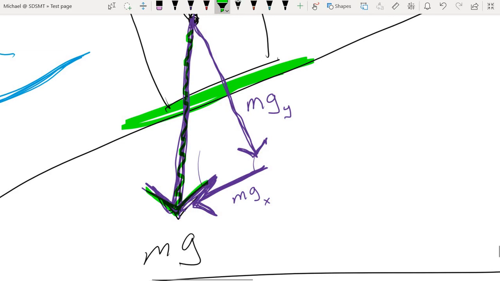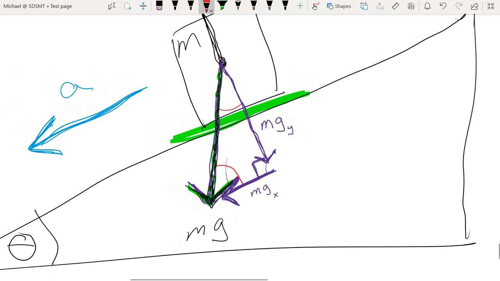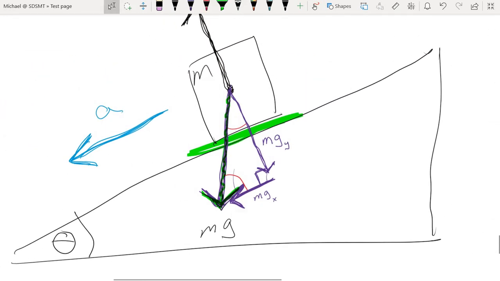This part right here is the magnitude of our gravity vector, mg. But the only angle that I know for sure is between the x and the y components. That's 90 degrees. That's not helpful. I would either need this angle or this angle. And I can actually get one of those. I can actually get both of them.